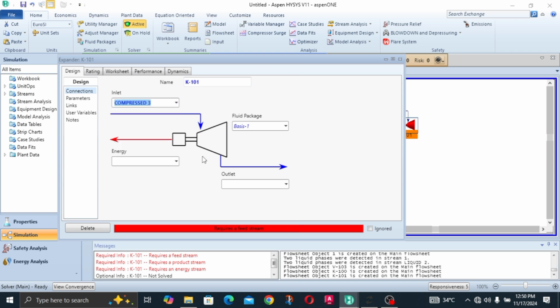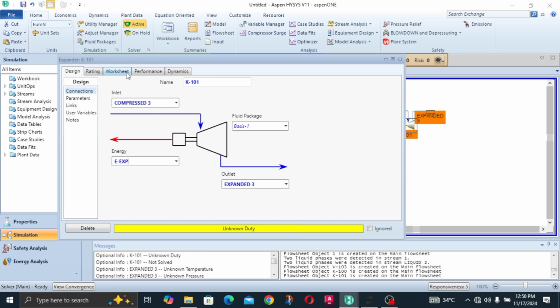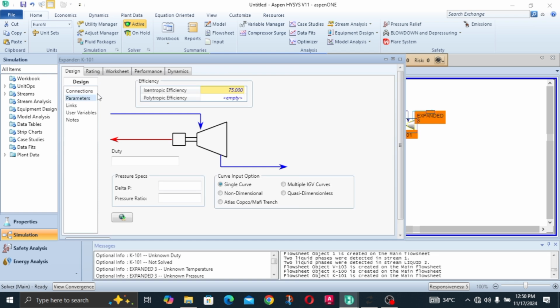So we would now attach the compressed 3. That's our compressed gas, and we call the outlet expanded 3, and then it also requires an energy stream, and we call it EXP, energy expander. Let's head to parameters and include our change in pressure. It's supposed to be a decrease right now, so let's say -4.